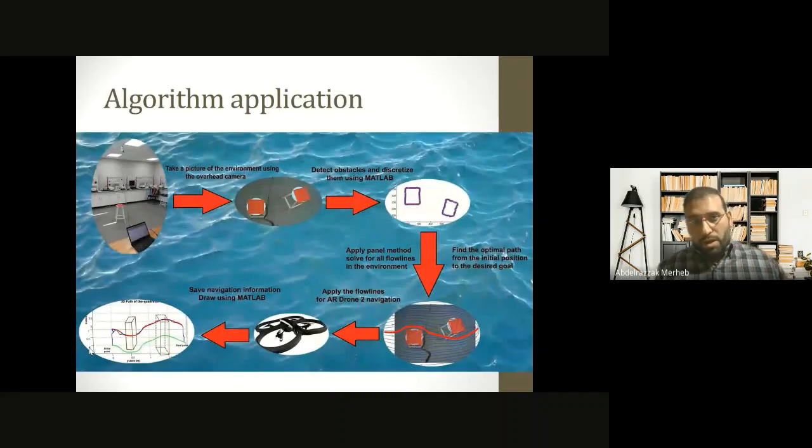This is how the algorithm applies. The overhead camera takes the picture of the environment, detects obstacles, discretizes them, applies the panel method, finds the optimal path for the quadrotor and sends the coordinates of the path to the quadrotor, which follows the path towards its goal point.